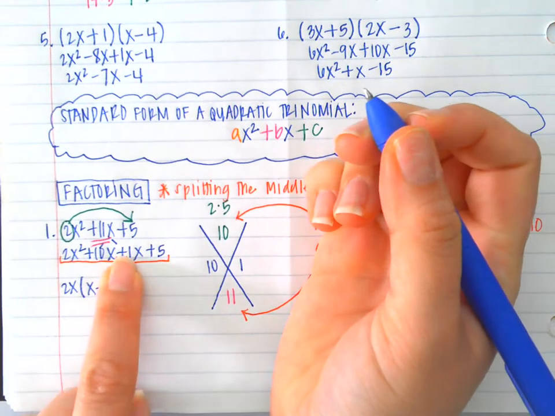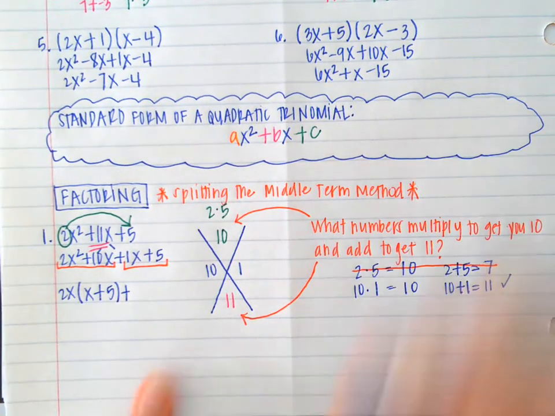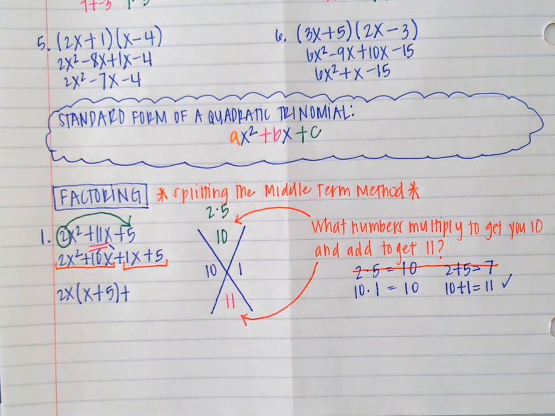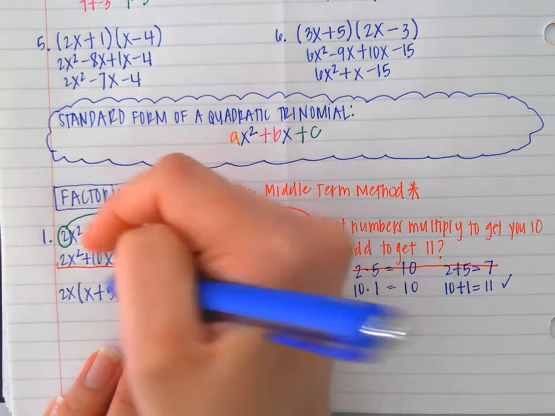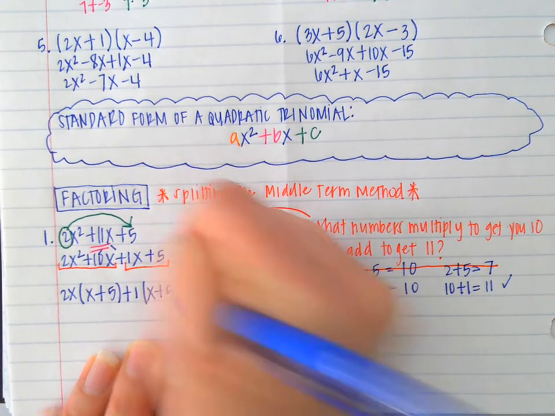Remember, I always bring down my middle sign, plus, and then I think about what's my GCF between 1x and 5. Well, there's nothing that goes evenly into 1x and 5, so remember, if there's nothing that goes evenly into those numbers, we can take out a 1. And I'm still left with x plus 5.